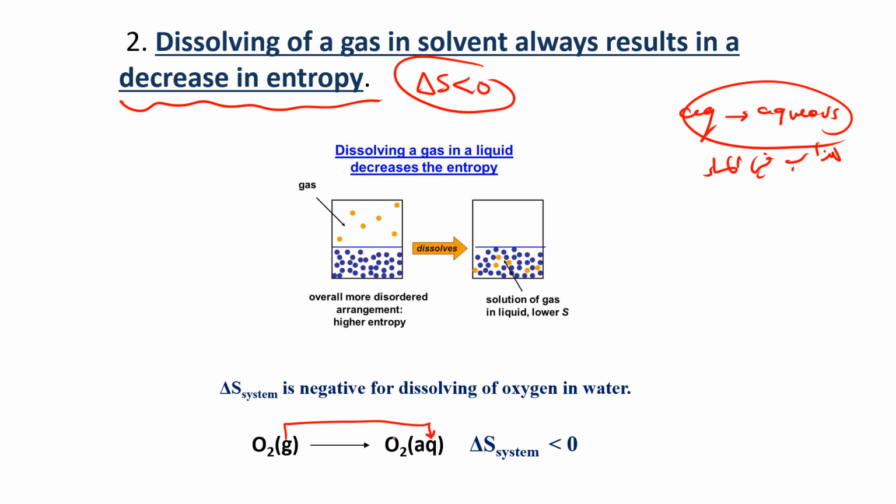So if you see a gas turning into aqueous, the gas particles were moving in a random way, and now we freeze them or we imprison them كأننا نحبسهم داخل المي. So they are not moving freely. ما يتحركون بحرية. That's why the entropy will decrease. So the delta S is going to be less than zero, negative.